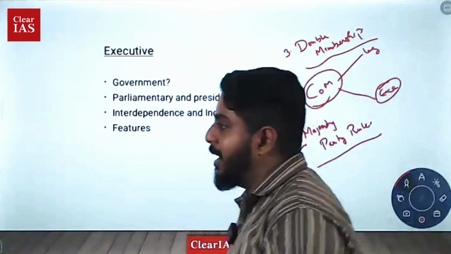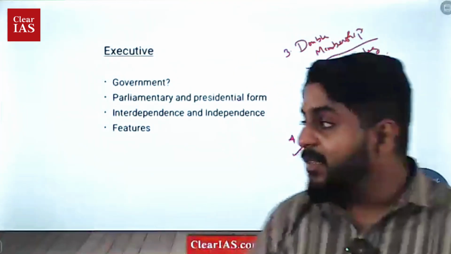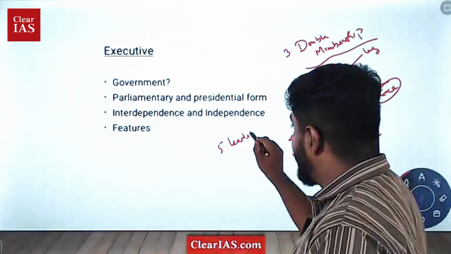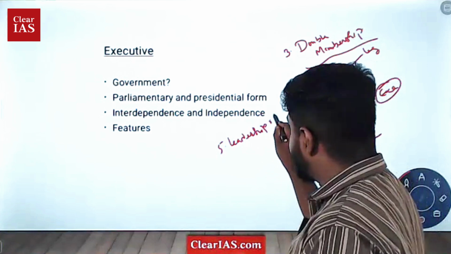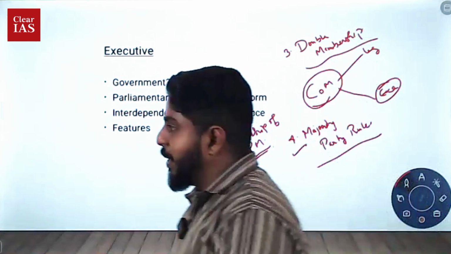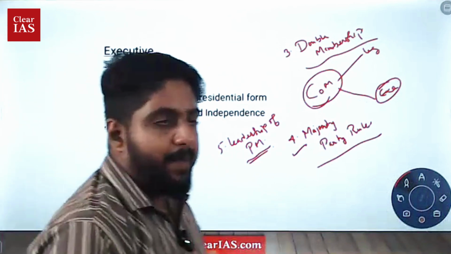So the fourth feature of the parliamentary form of government is majority party rule. The fifth one is the leadership of the Prime Minister.